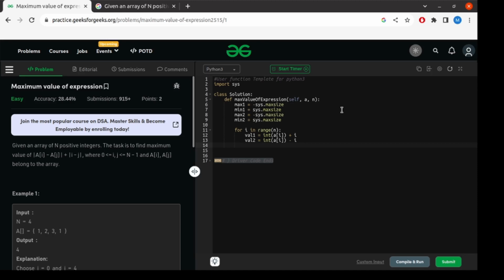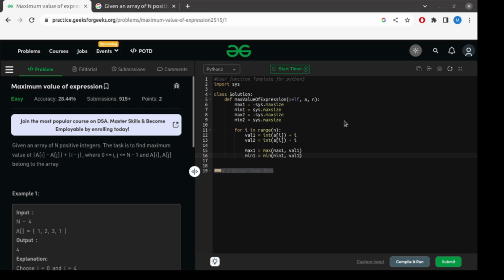And let us find out the max1. So max1 is basically max of max1 and val1. All right. Similarly, min1 is basically min of min1 and val1. So basically I'll revisit that again. What exactly I'm doing here is basically, you see this. Okay, val1 here.